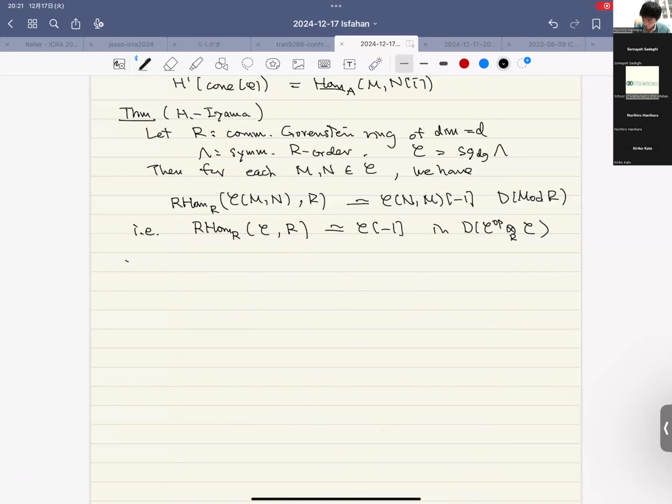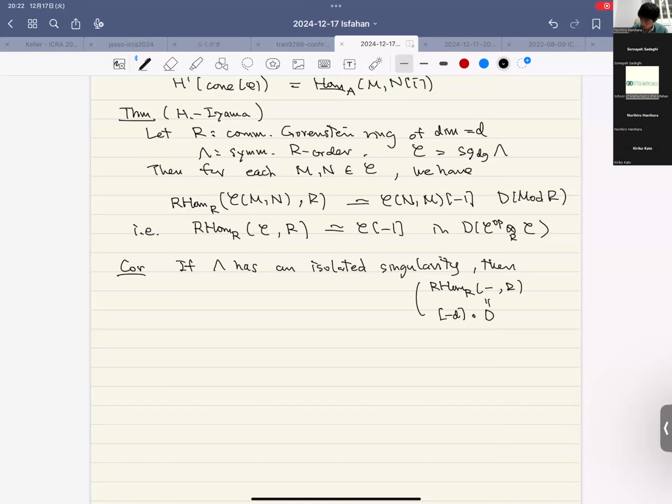Corollary: if Lambda has only an isolated singularity, then it is an elementary fact in commutative algebra that the R-dual coincides with the K-dual shifted by minus d on finite length modules. Using this fact, we can replace the R-dual by D shifted by minus d.